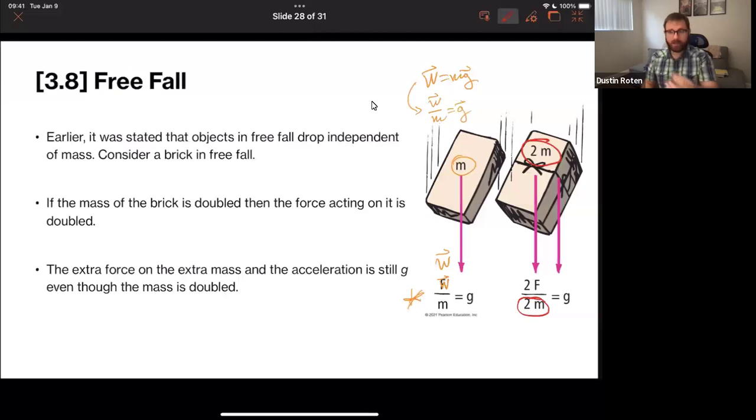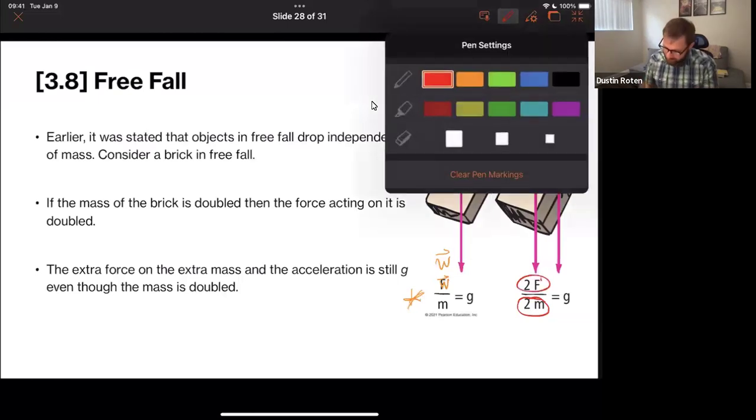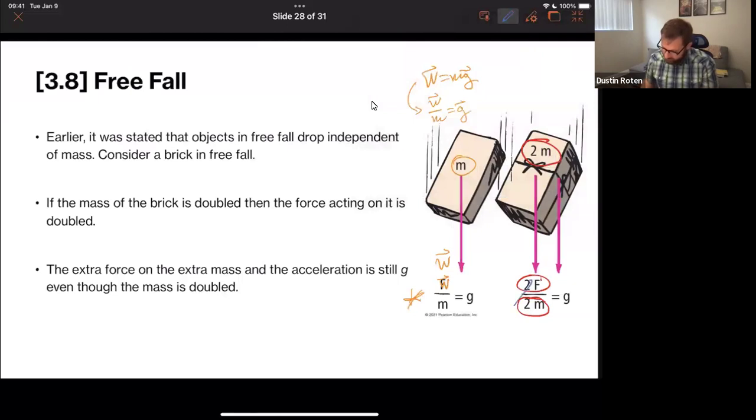Instead of just pulling on one brick, the Earth is pulling down on both bricks. So the force due to gravity is also double. Now, using some algebra, we see that there's a 2 in the numerator and a 2 in the denominator, and they cancel. And again, we're left with the same thing. So even though they have different masses, they're always going to fall with a rate of gravity, or g.